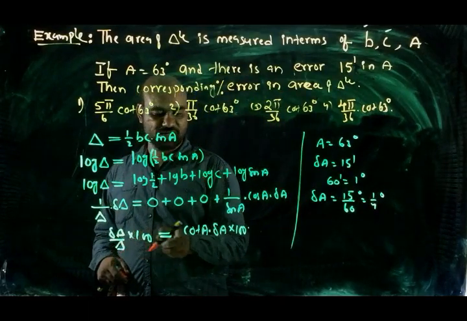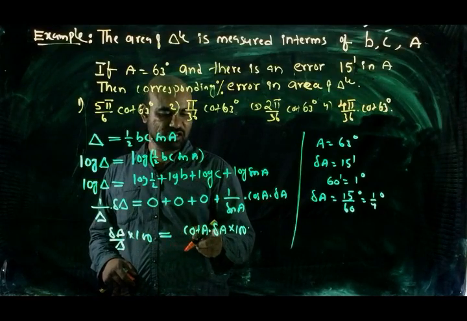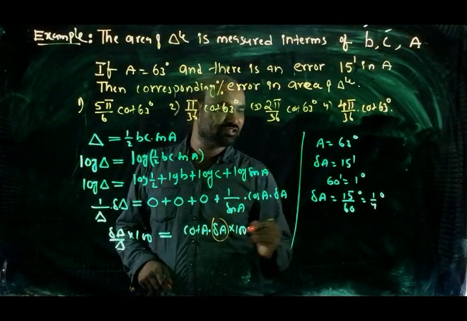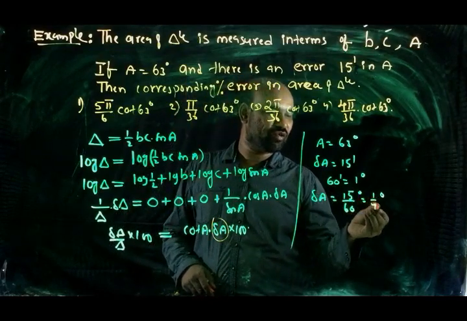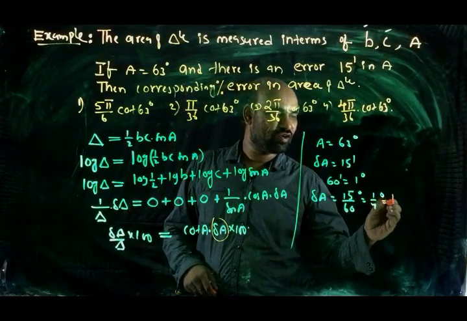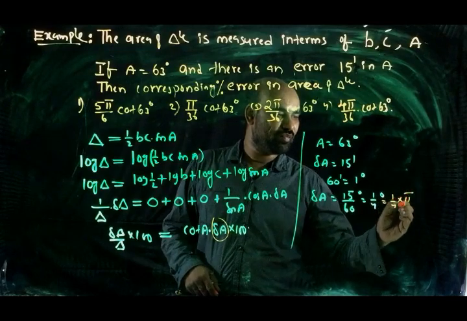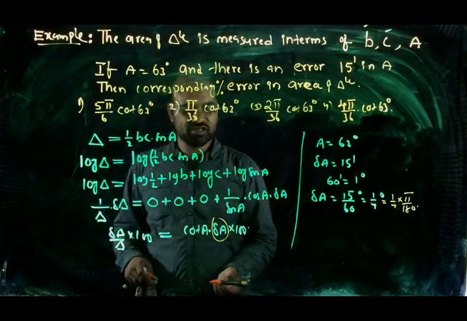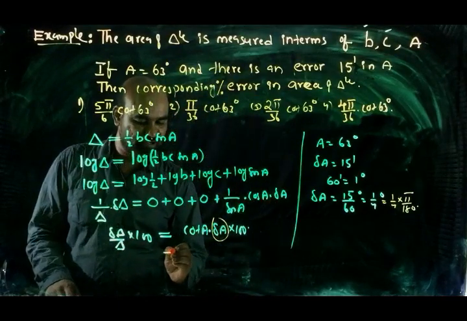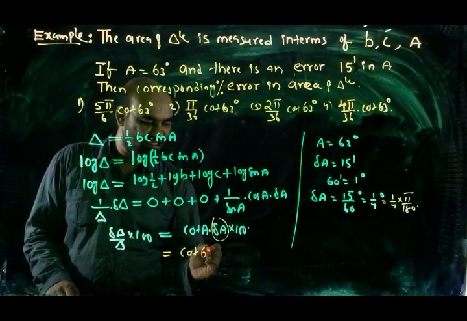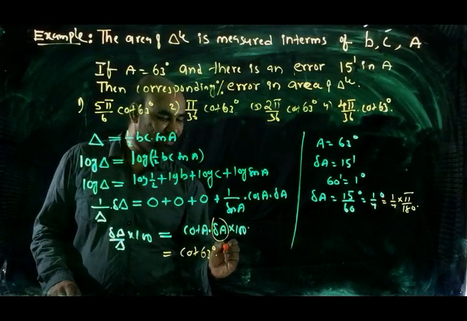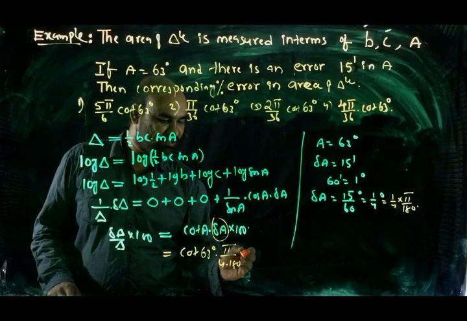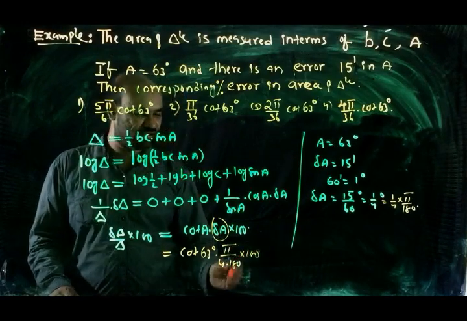Delta by delta into 100 equals cot A into delta A into 100. So I want to find delta A here. Delta A means 1 by 4 degree, or 1 by 4 into pi by 180 radians. Substituting cot 63 degree, I can write pi by 4 into 180 into 100.